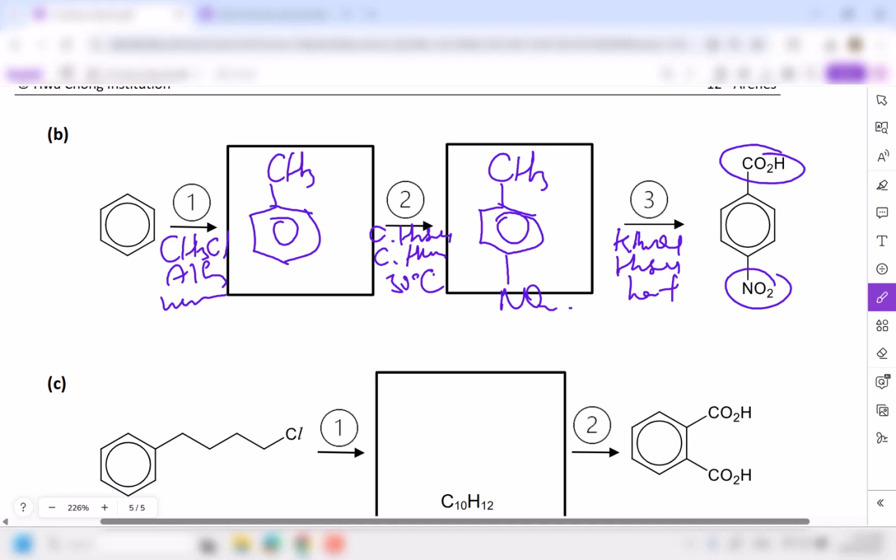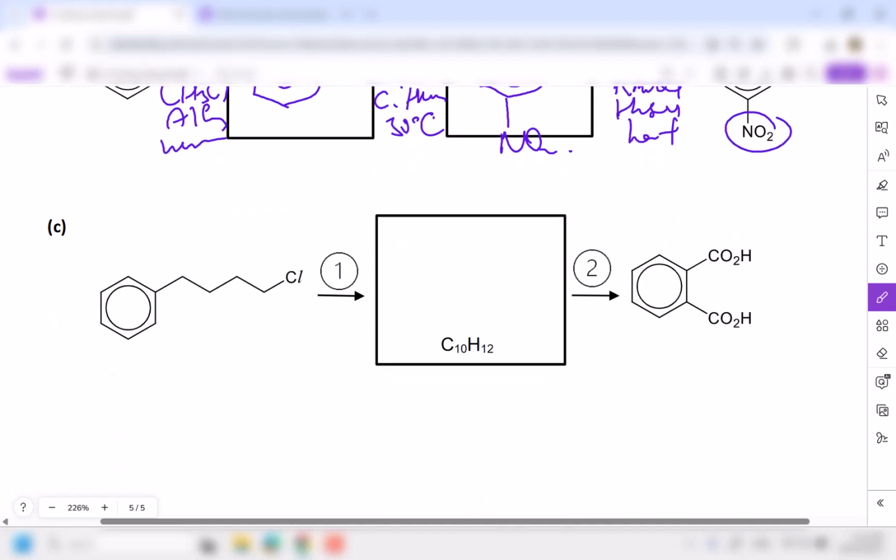Arenes is actually the third major organic topic, other than introductory organic chemistry and isomerism. So do spend a bit of time to think through how to link concepts up. It might be easier.